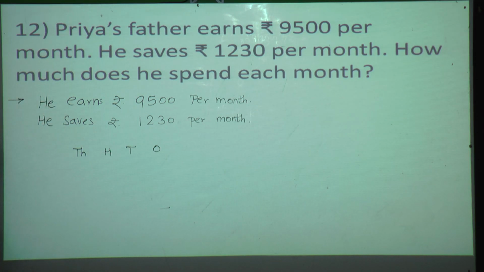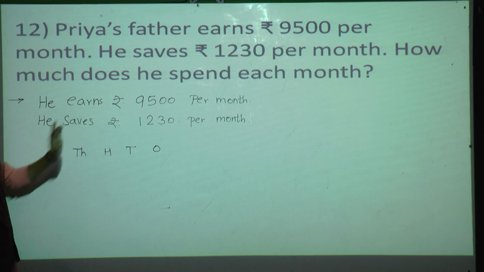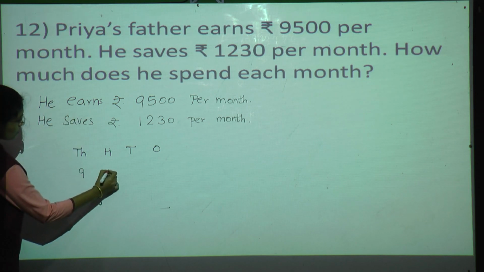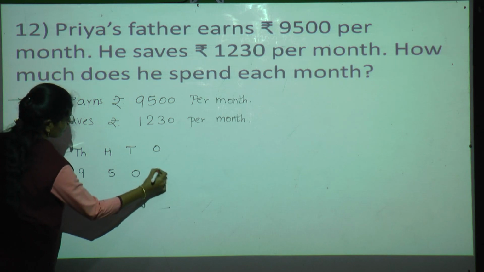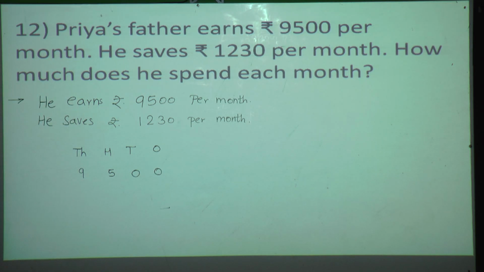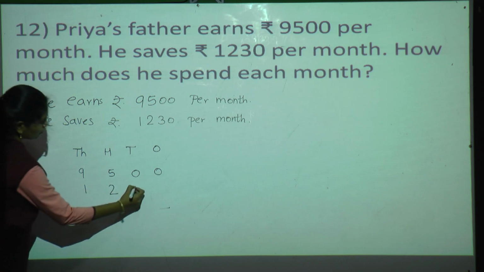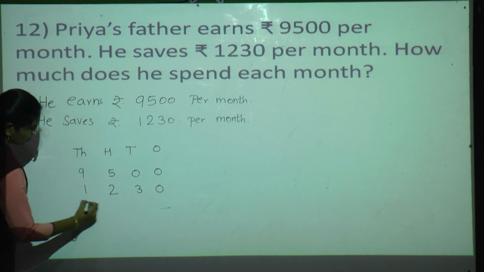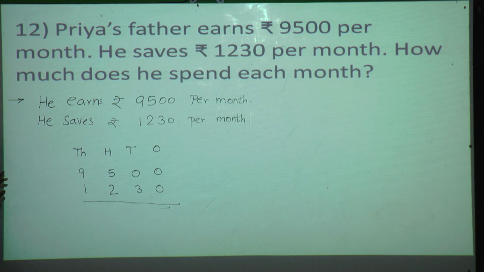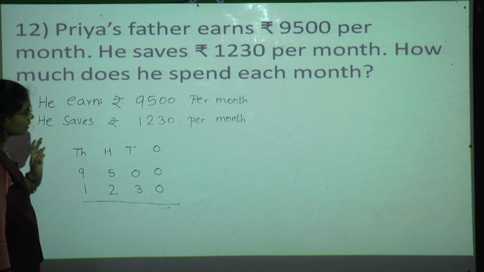Which one is greater number? He earns rupees 9,500. 9,500 is the greater number. So first of all we will write that number. Then he saves rupees 1,230, and remaining amount of money he spent in each month.